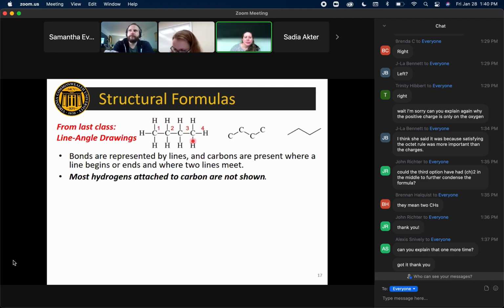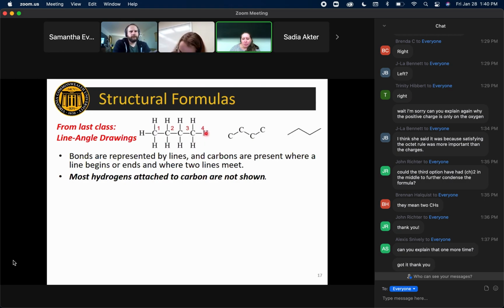The first thing we can do is anytime we've got hydrogens attached to carbon atoms, we're going to make them invisible. Every chemist knows that carbon wants to be bonded to 4 things. So every chemist is going to look at a carbon atom in a line angle drawing, count up how many things it's bonded to, and recognize that every other bond that gets it to 4 is filled by a CH bond. So we're going to get rid of all these hydrogens.